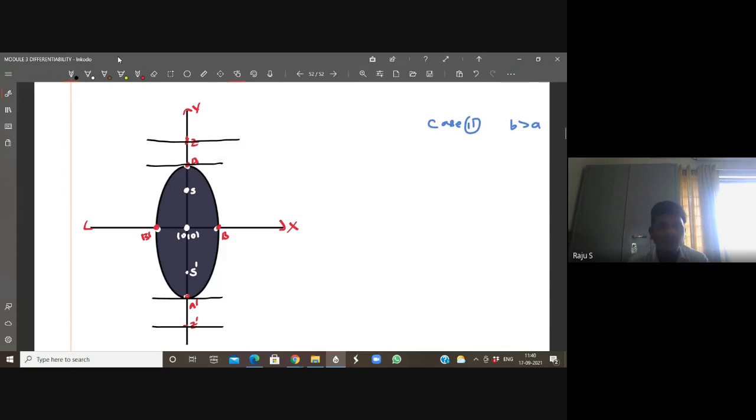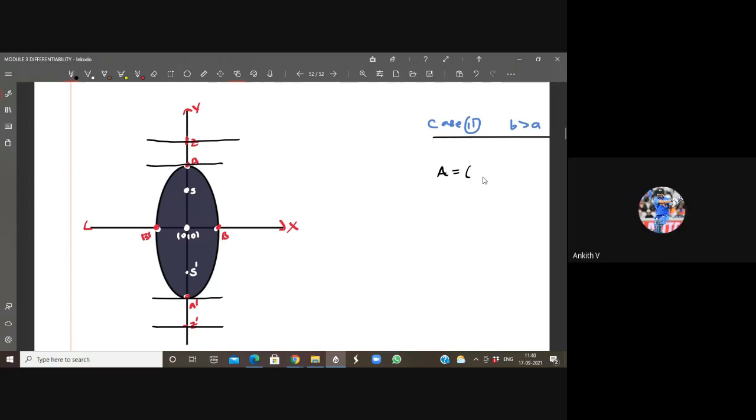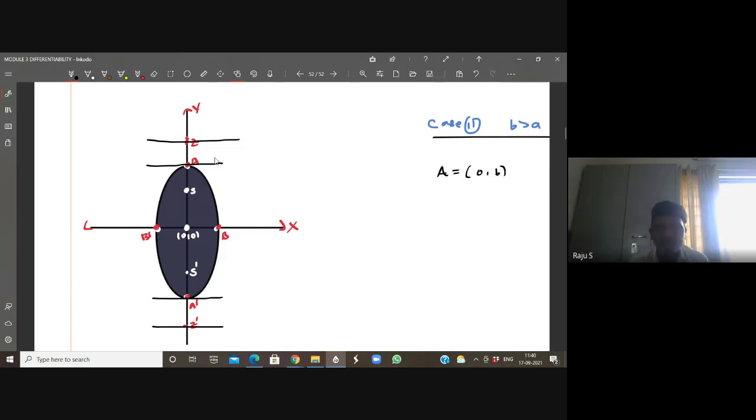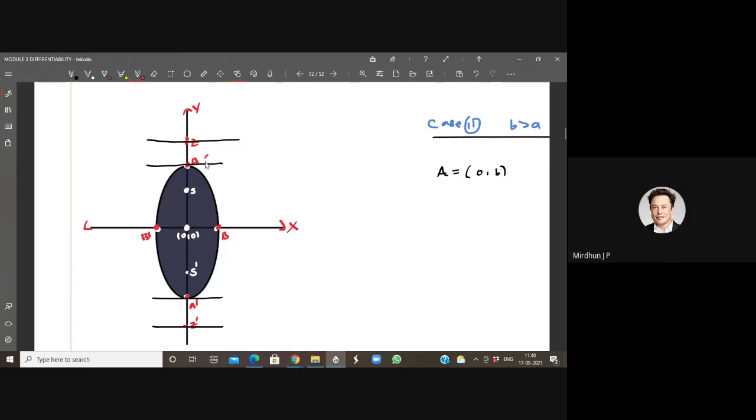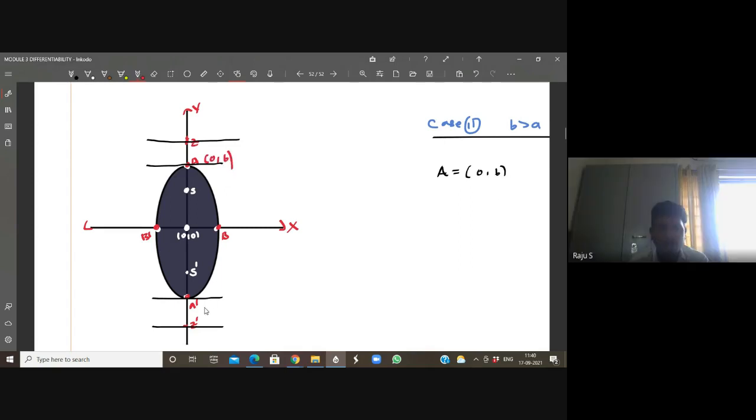Coming to my question, can you tell me what is A here? The A value is 0, comma b. Yes, exactly. A dash is 0, comma minus b. What is the focus? The S value?